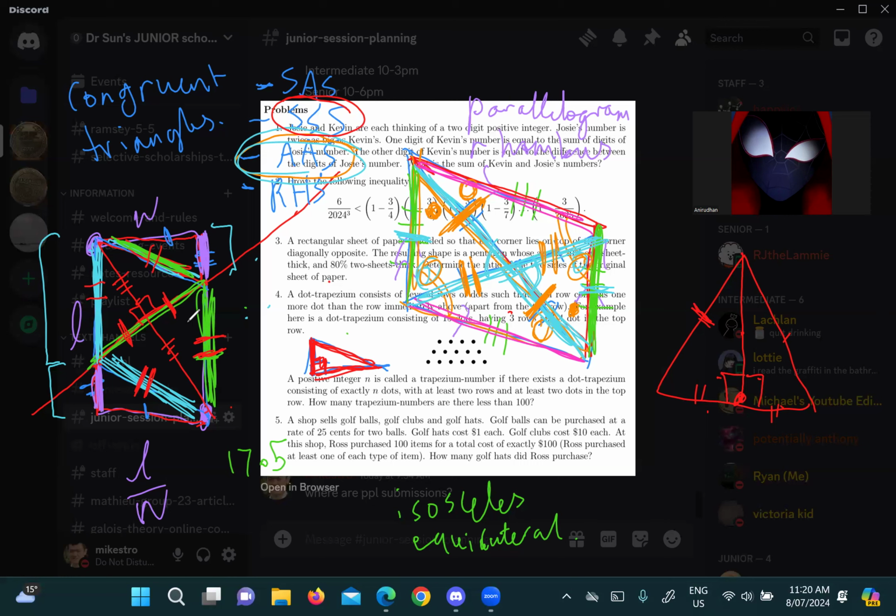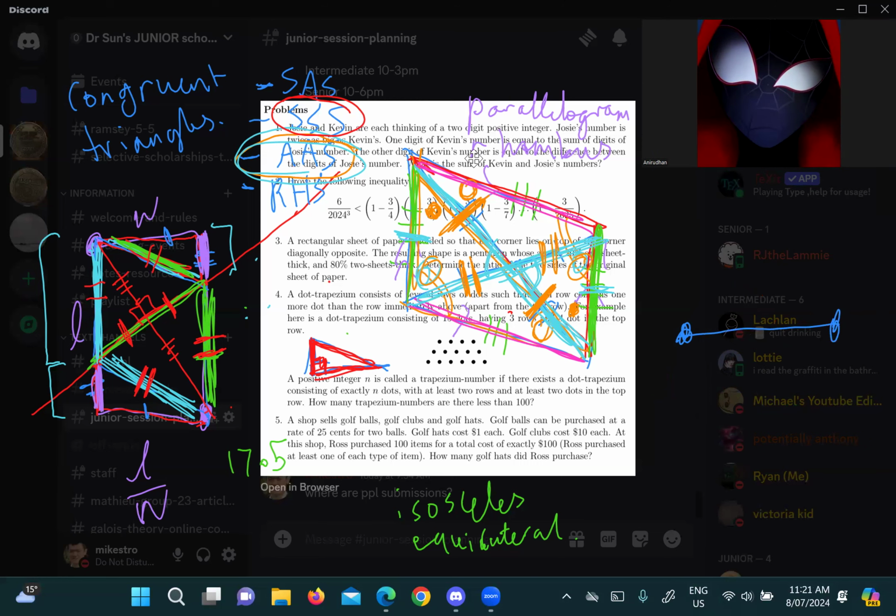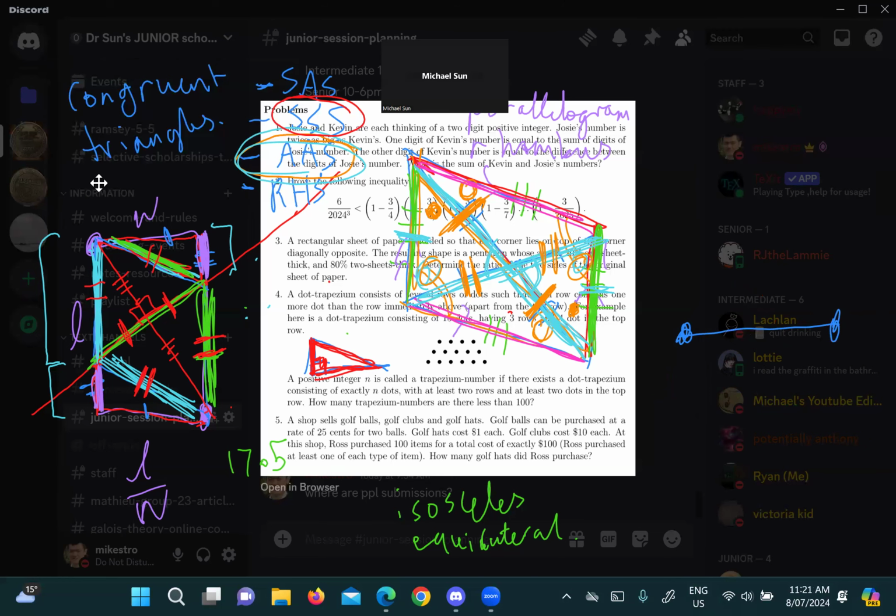So basically, a perpendicular bisector is literally what the name says. If you have 2 points and you join them, there's a line that's perpendicular and bisects the interval.